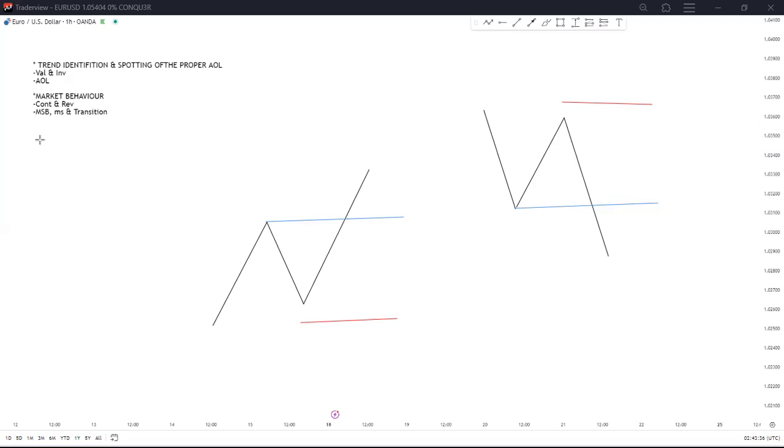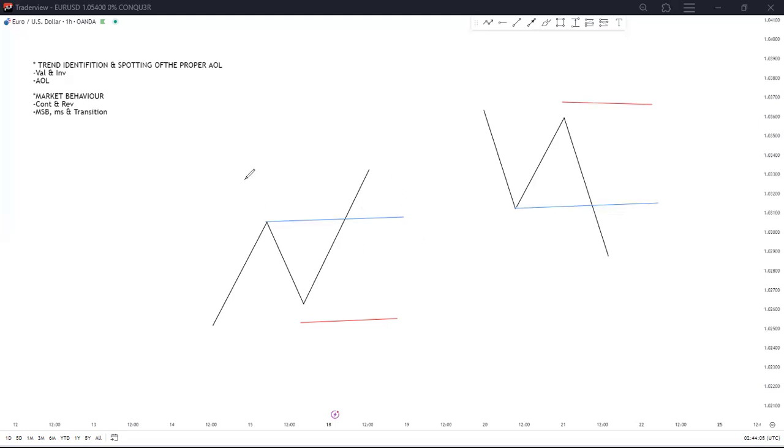Okay, I'll say why I marked the validation point here and the invalidation point here and not close to this area. Actually, it is like this. Based on the illustration of a line chart, everyone knows that it's presented on only the closing price, right?